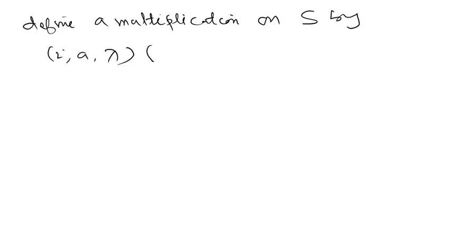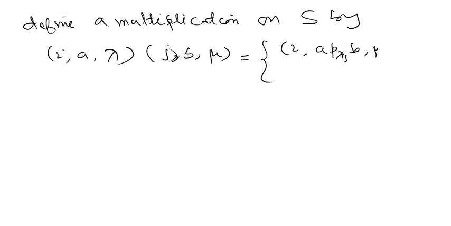I, lambda, then G, B, mu, this product is equal to I, then write here P A, then P lambda J, B, then mu, in case P lambda J is not equal to 0.